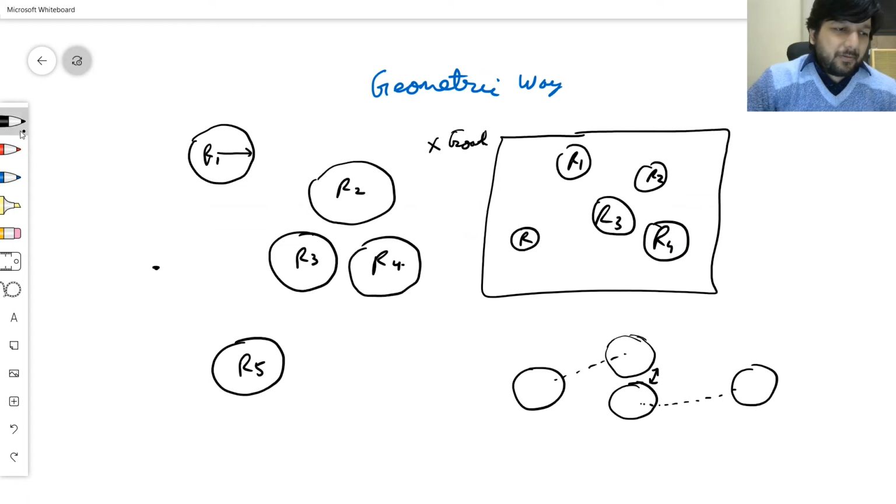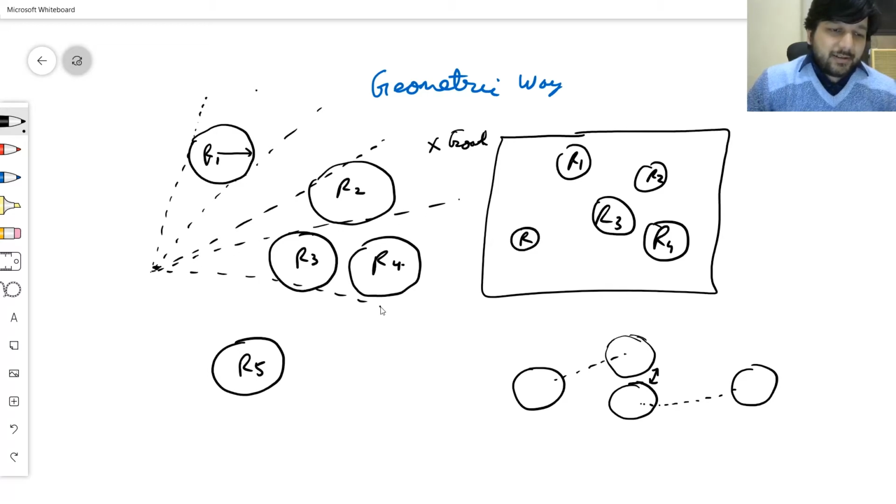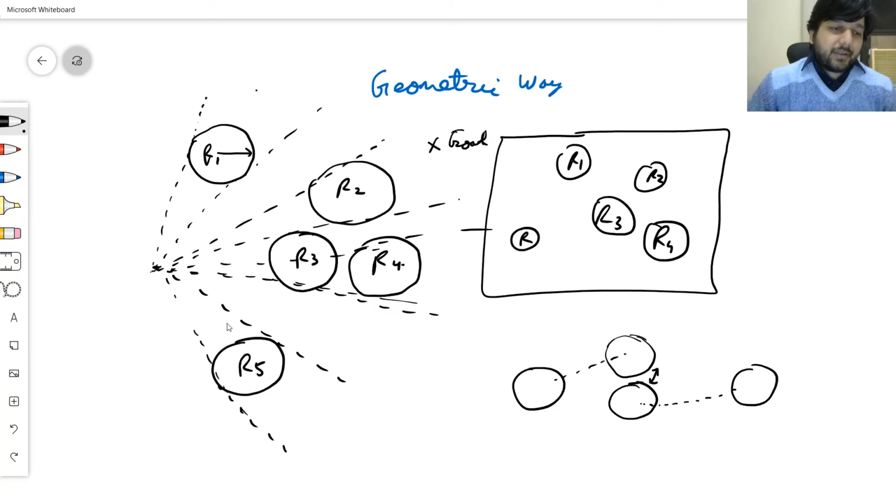So let's find out the angular range in which I can move and the angular range in which I absolutely cannot move. So with every agent, I am drawing lines such that this angular range I cannot cover, I'll enter into a collision. This angular range I cannot cover, I'll enter into collision.